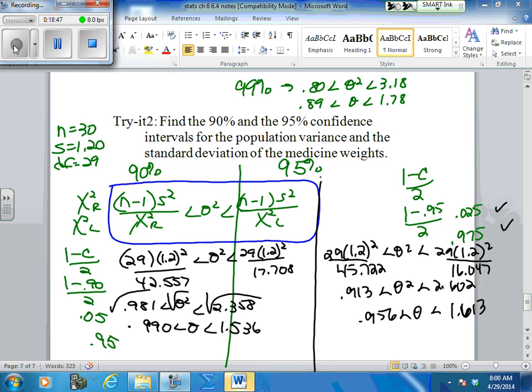Now, if we put this on one number line, I'm going to start with your smallest one, the 90. Let's then go to your next one, your 95. Something's wrong here.